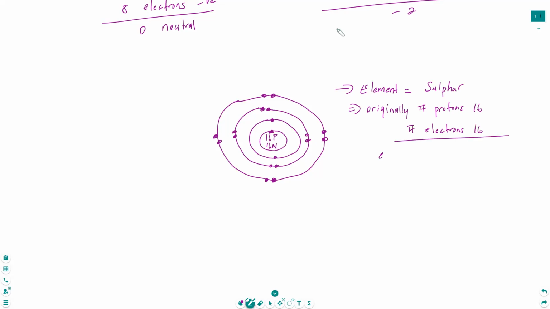So I would expect that the original configuration of this element would have been 2,8,6. So if I have an element which has 16 protons, I'm expecting it to have 6 electrons on its outer shell.